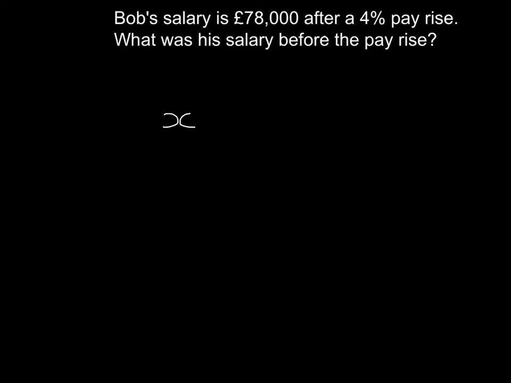And we know that the new salary must have been calculated by multiplying by the multiplier 1.04. So the original salary times 1.04 equals the new salary. The new salary is £78,000. Okay, so X times 1.04 equals £78,000.